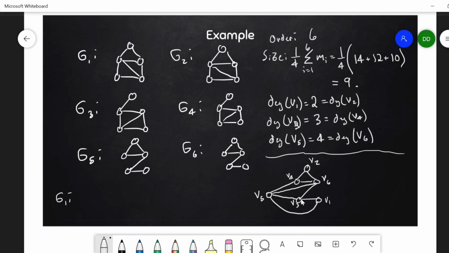If I remove G1, I'll be left with this graph, which is isomorphic to G sub 1 and G sub 2. Just sort of reflect it. And so that works for G sub 1, G sub 2. If I remove G sub 2, again, we're left with that same graph.